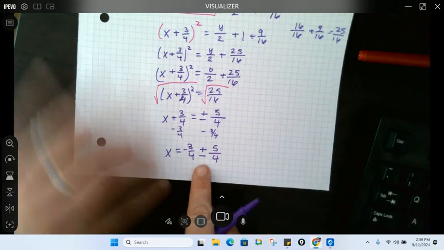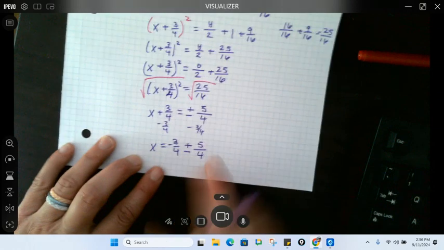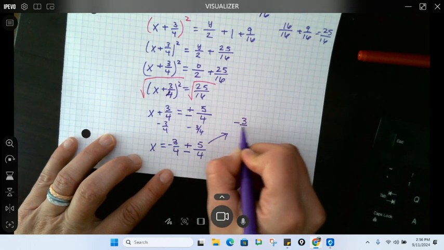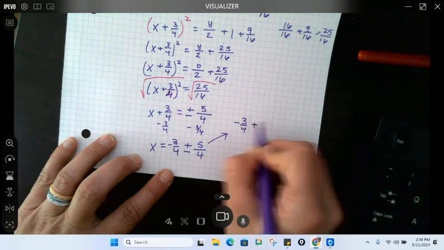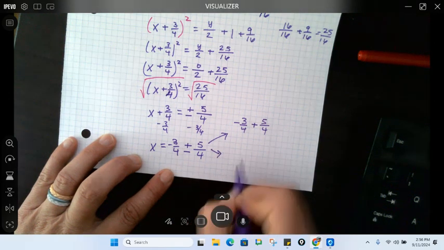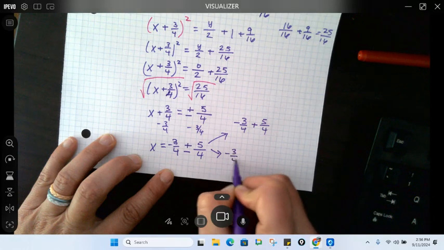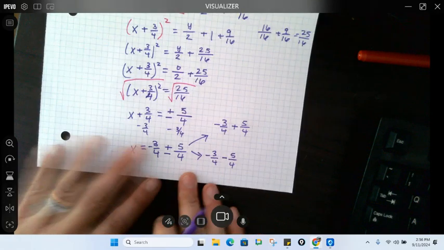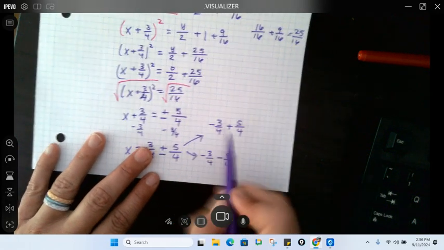So this is where I need to separate my plus and my minus. I'm going to have one option that starts with that negative 3/4, and it's going to be adding 5/4. Second option would be negative 3/4 subtracting 5/4. So here I'm just going to start simplifying.